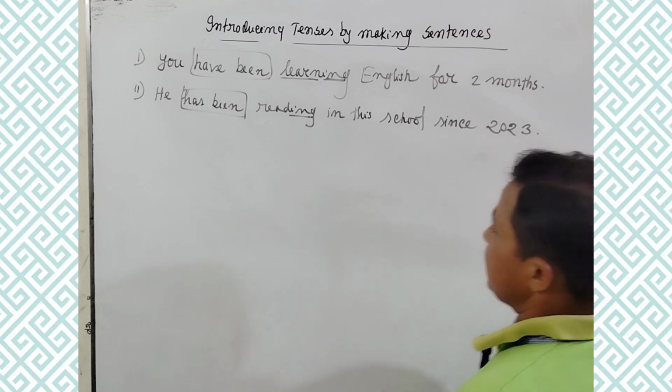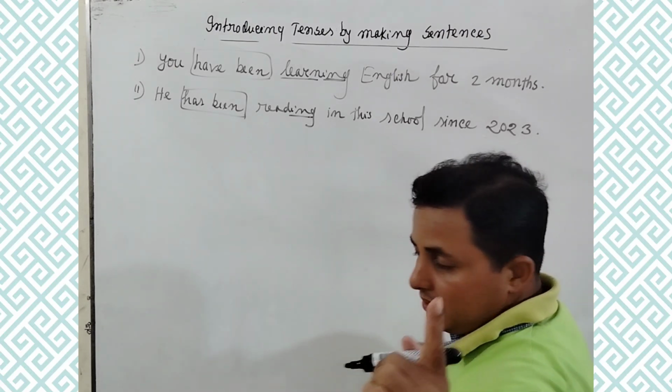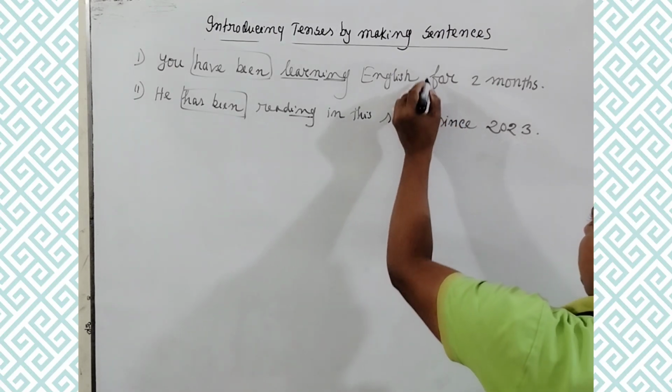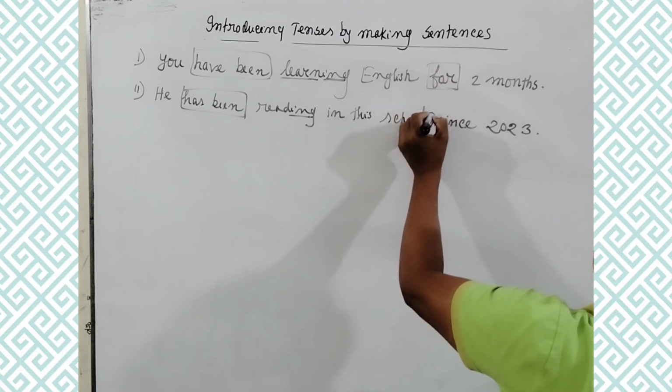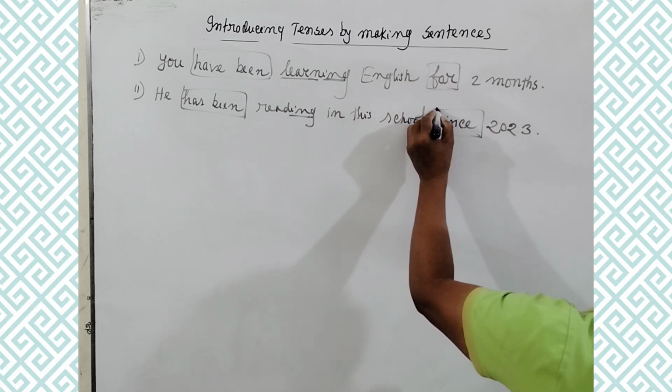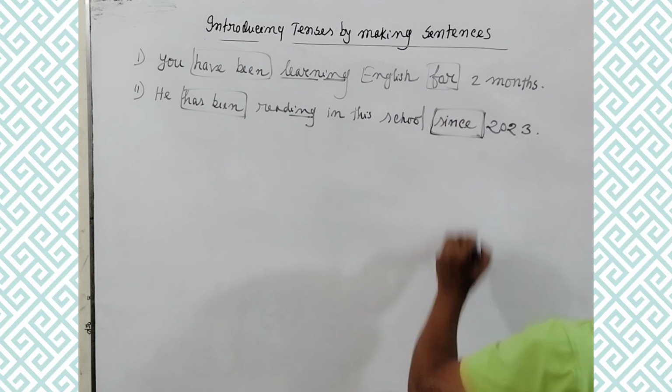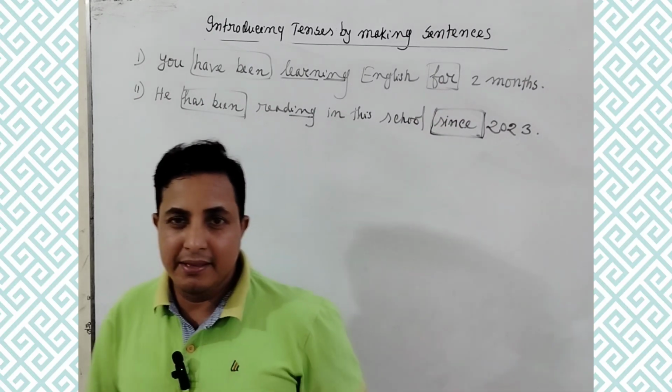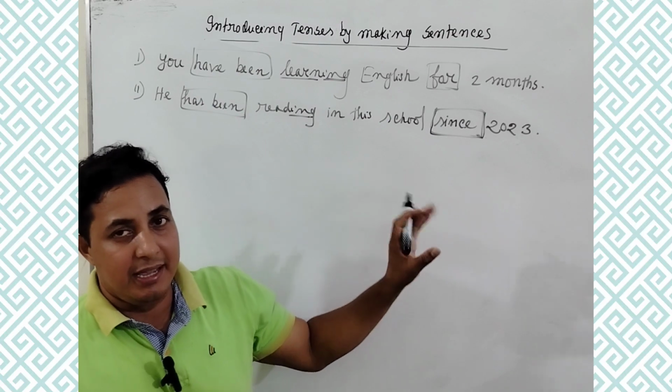And another thing also included in present perfect continuous is for and since. When do we use since? For exact time and specific time.